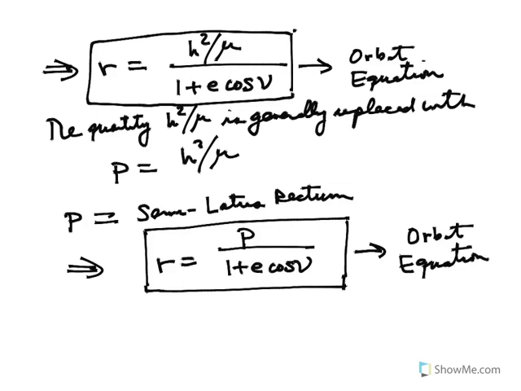So to summarize this video, we started with the physical problem of a spacecraft moving relative to a planet. We determined the equation that describes the motion of the spacecraft relative to the planet.